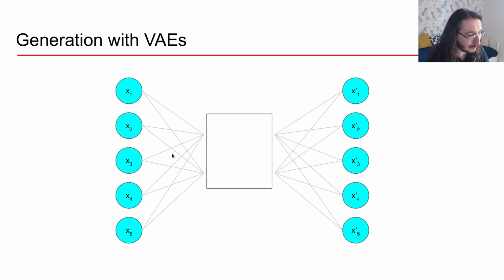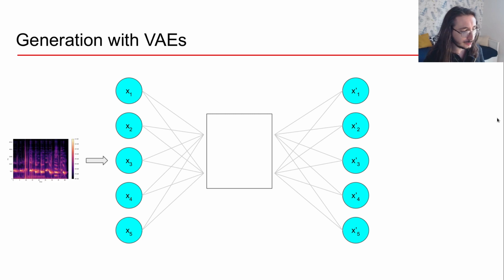Here you have a simplified version of our variational autoencoder with the encoder part, the latent space, and the decoder. Now, if we want to generate audio, what we are going to do is pass in a spectrogram, and the spectrogram that we'll pass in comes directly from the train set.